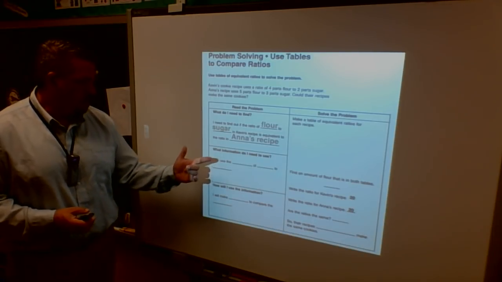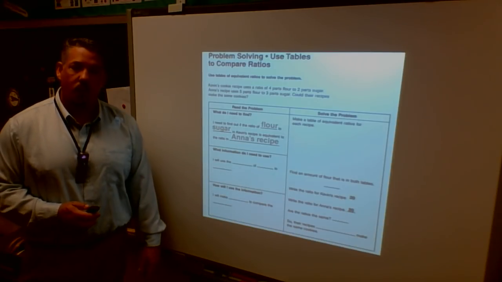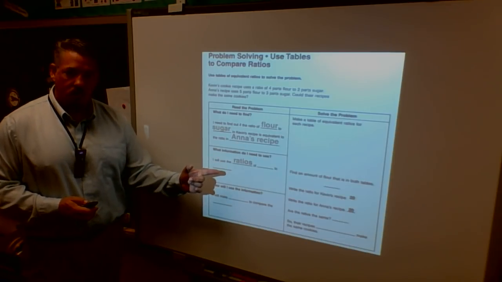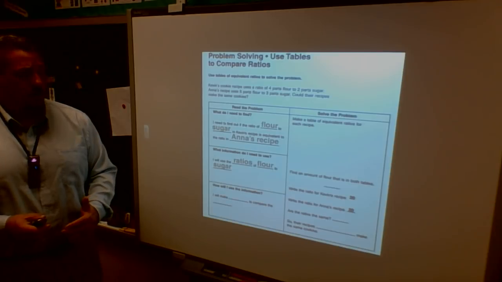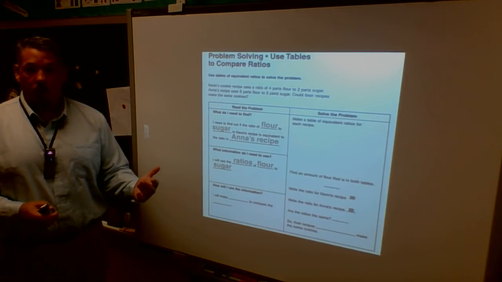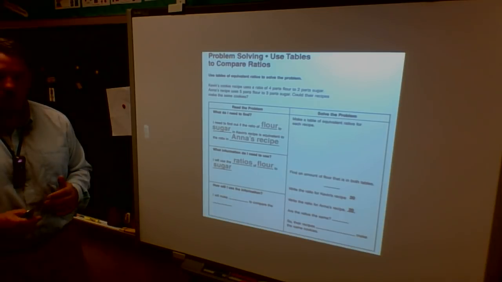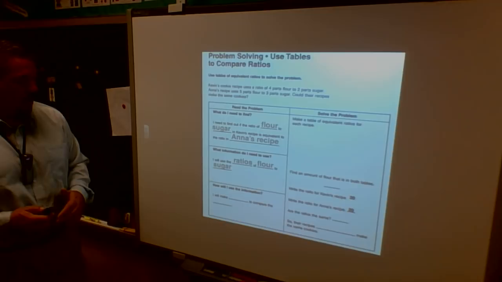I will use the blank of blank to blank. That's really confusing as to what they want you to figure out. I'm going to use the ratios of flour to sugar is what it's actually asking. You could have said the ratios in Kevin's to Anna's, but I'm just going to look at the ratios of flour to sugar in both of them that are set up.